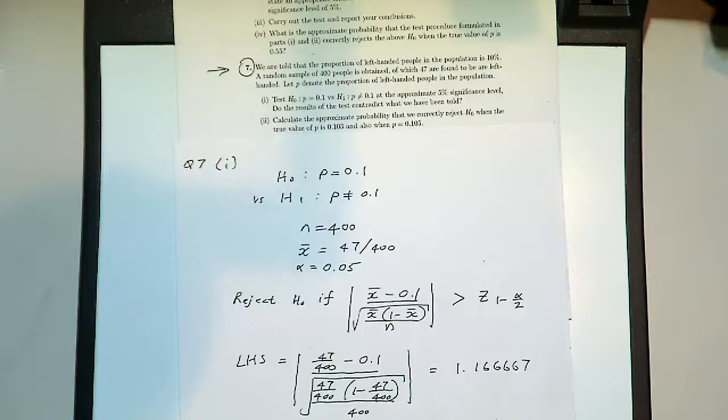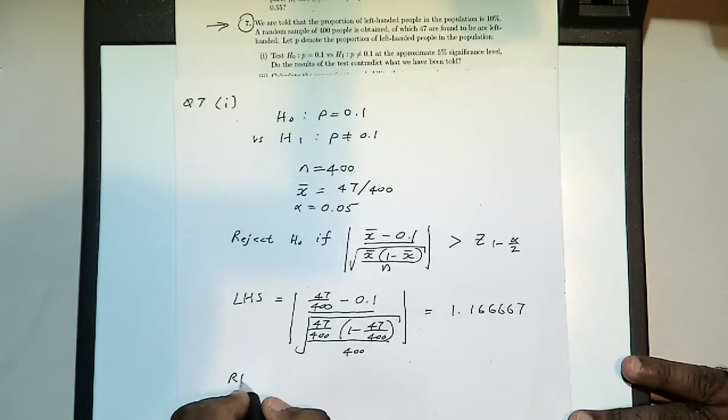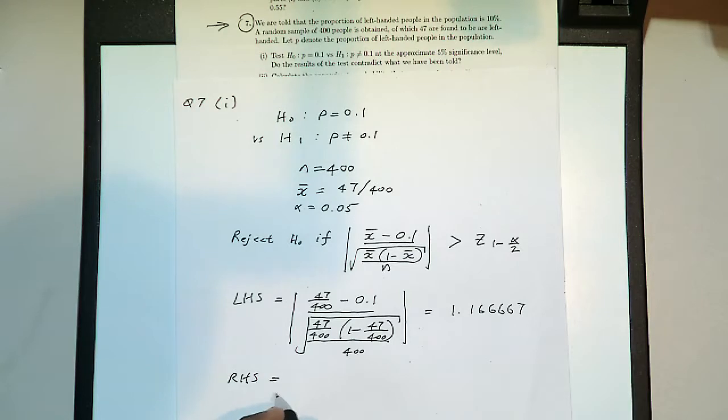And the right-hand side, RHS, is based on alpha. Remember, alpha is 0.05, so this is phi inverse of 0.975, which is 1.96. So clearly the left-hand side is not greater than the right-hand side.